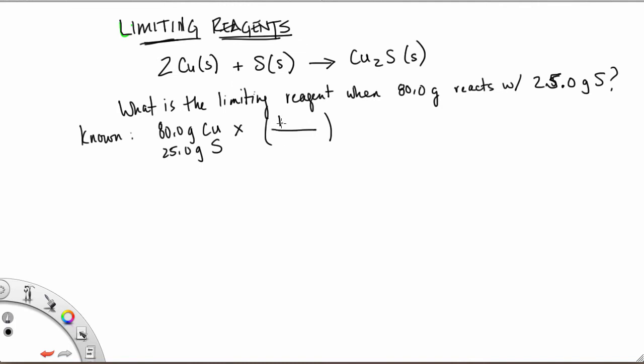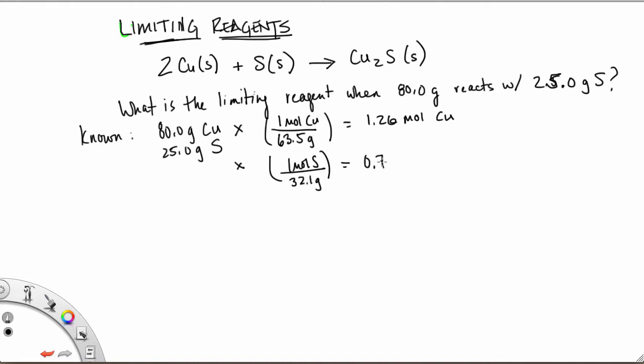So we have 1 mole of copper and its molar mass is 63.5 grams, and this would equal 1.26 moles of copper. And for sulfur, 1 mole of sulfur has a molar mass of 32.1 grams. So we have 25 grams divided by 32.1 grams.